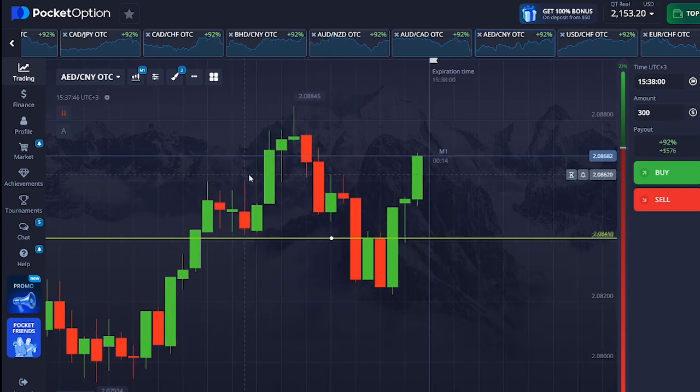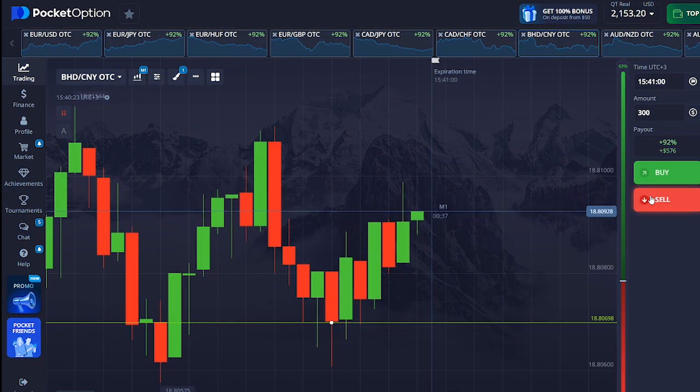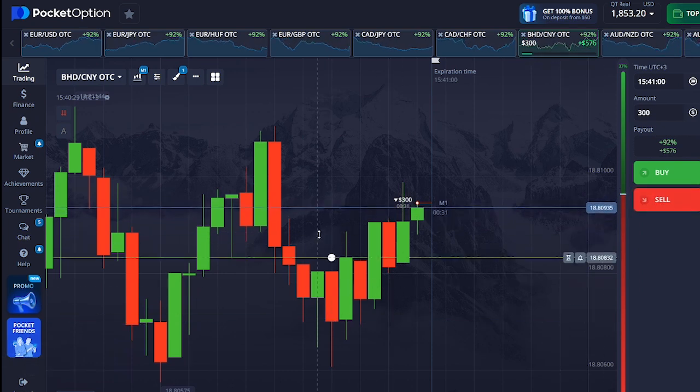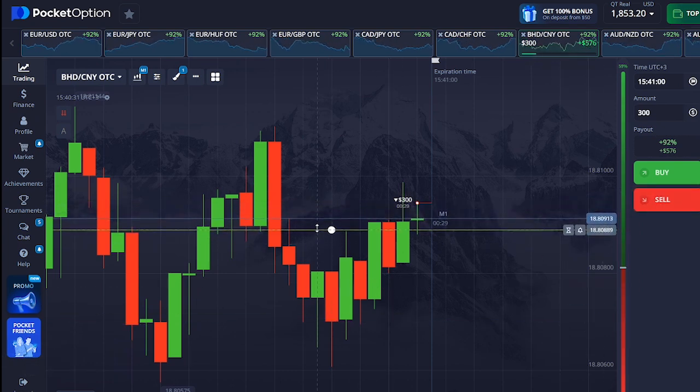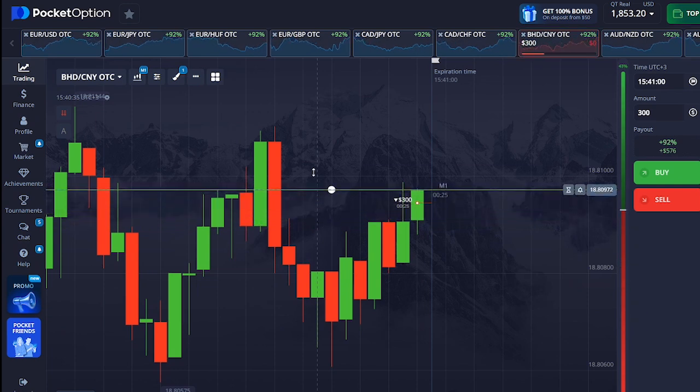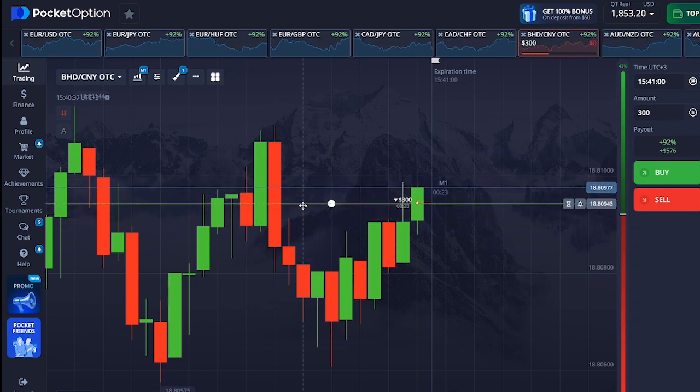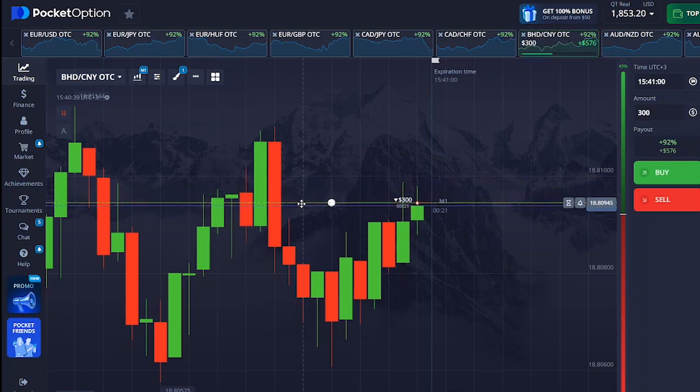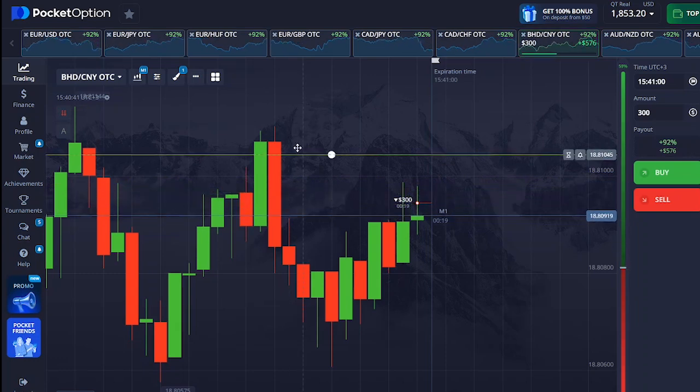So let's continue. So I took another trade with the sellers. So right here we are in a demand area, and then we have this candle pattern.